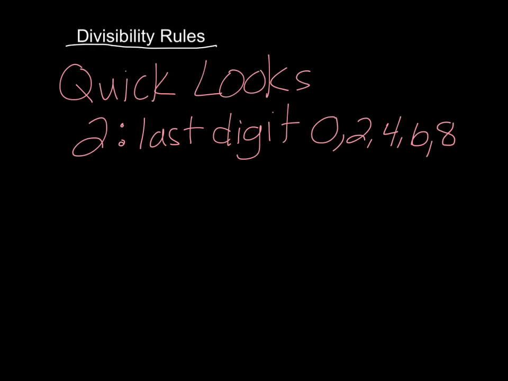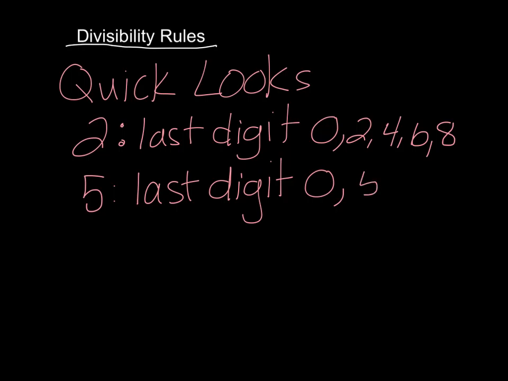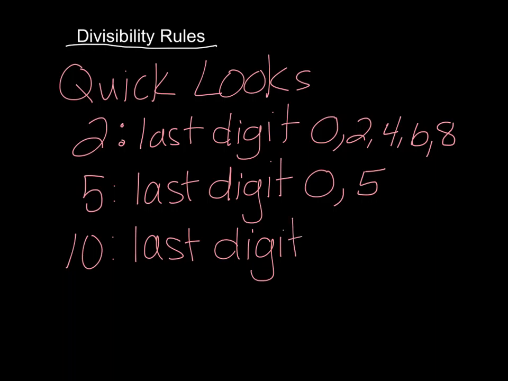Your second quick look is a 5. 5, again, you're looking at the last digit. Is the last digit a 0 or a 5? And then your final quick look is your divisibility by 10. Again, last digit. Is it a 0?